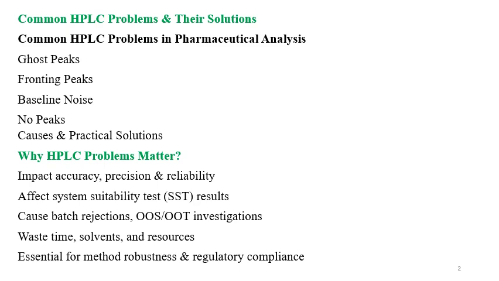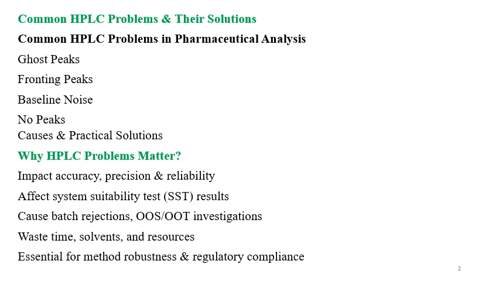As these problems matter in the analysis, they impact the accuracy, precision, and reliability, and affect the system suitability test (SST) results. These types of problems may lead to batch rejection or OOS/OOT investigations.